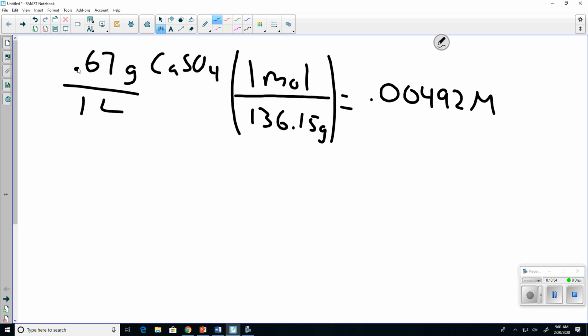So again, 0.67 grams per liter is what we would just call your solubility level. 0.00492 molar is your molar solubility. It's the concentration of these ions.